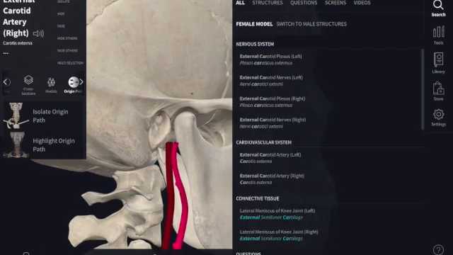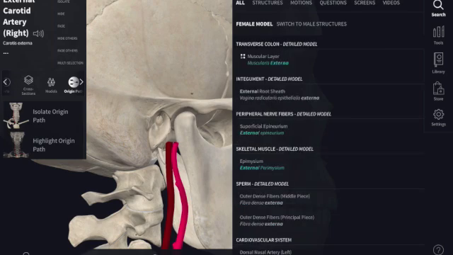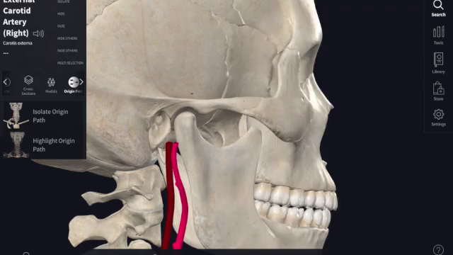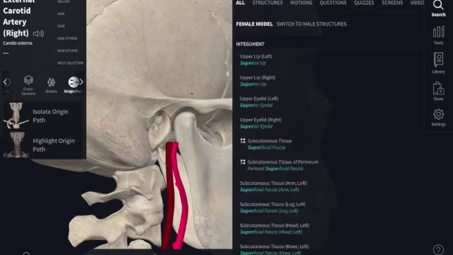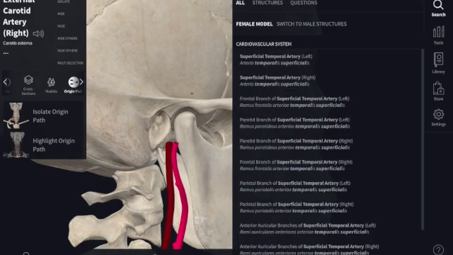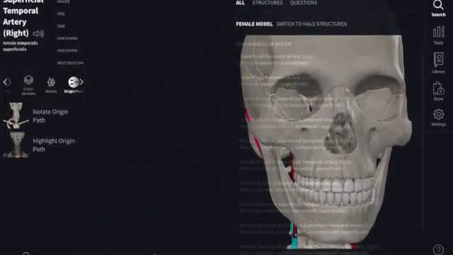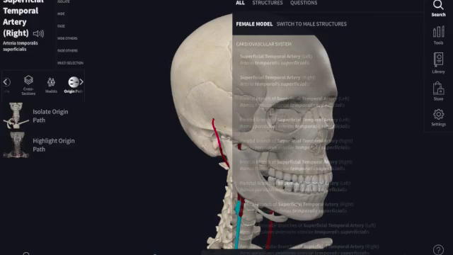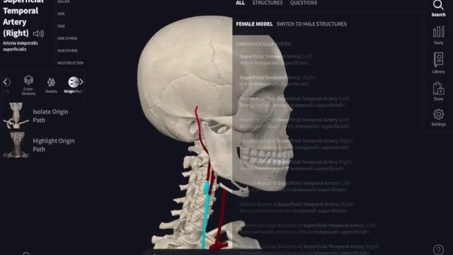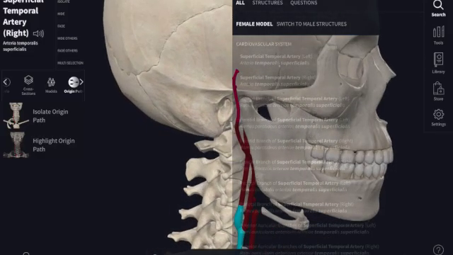And just to get that branch to match the picture from the book, this is going to be the superficial temporal artery. And we'll learn that.